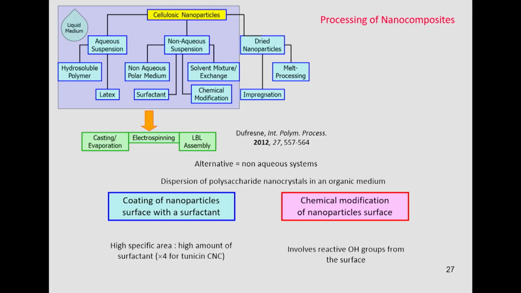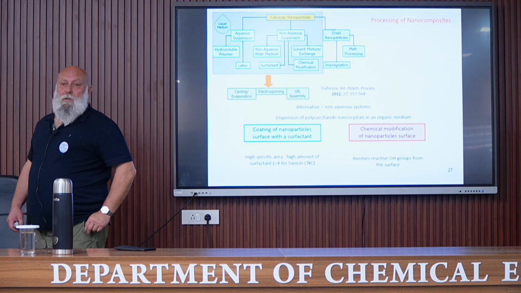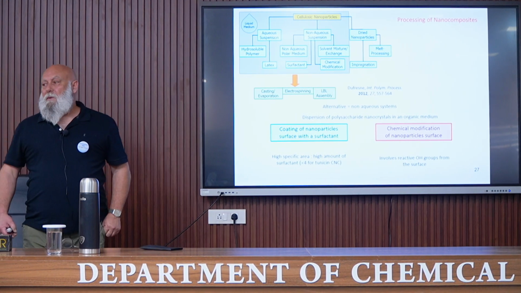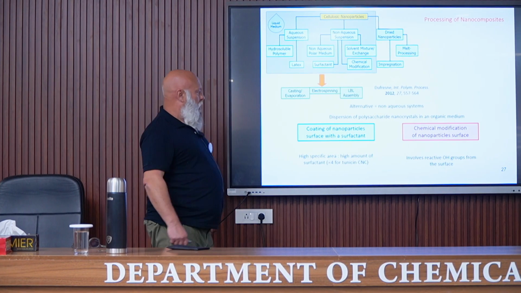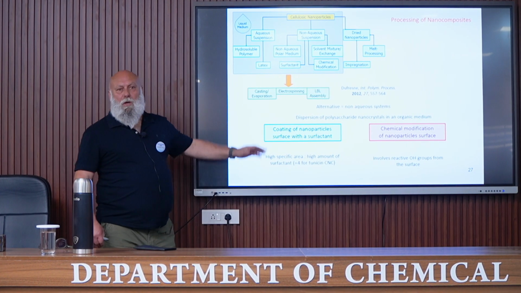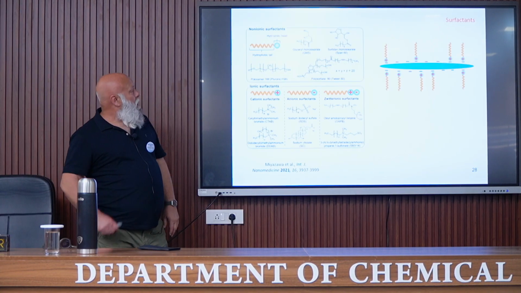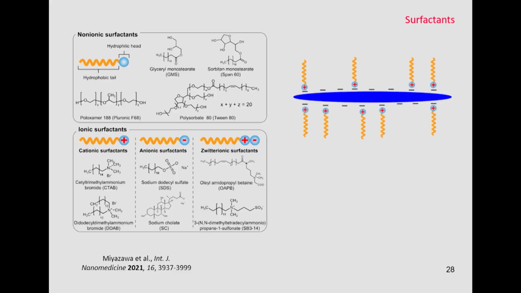Come back to this slide. Use of a surfactant or chemical modification. We can coat, of course, the surface of the nanoparticle with a surfactant. The problem is that the specific surface area is high, meaning that the amount of surfactant is also high. Chemical modification, we already discussed this. It involves the OH group from the surface.